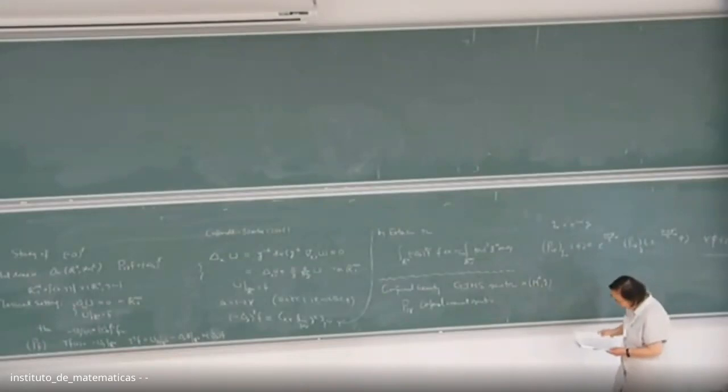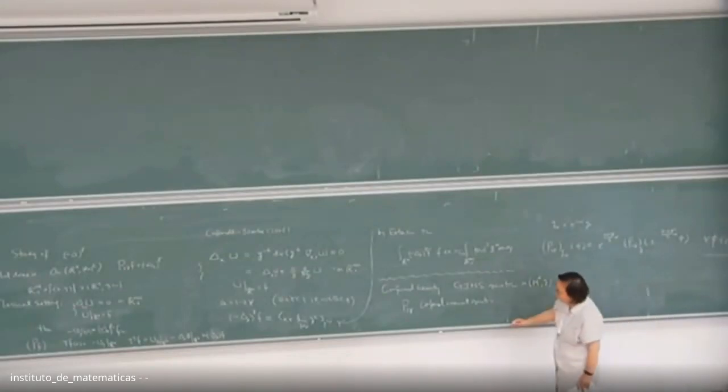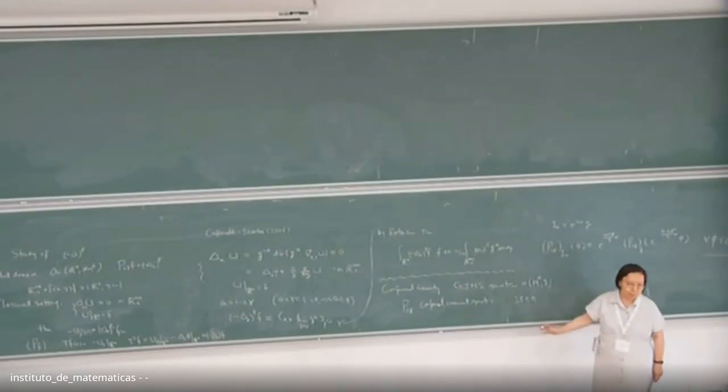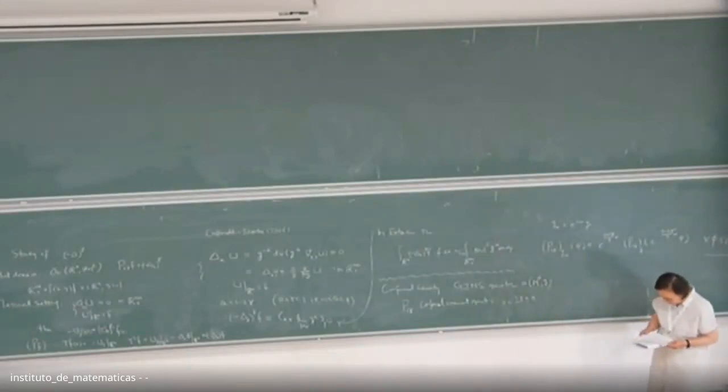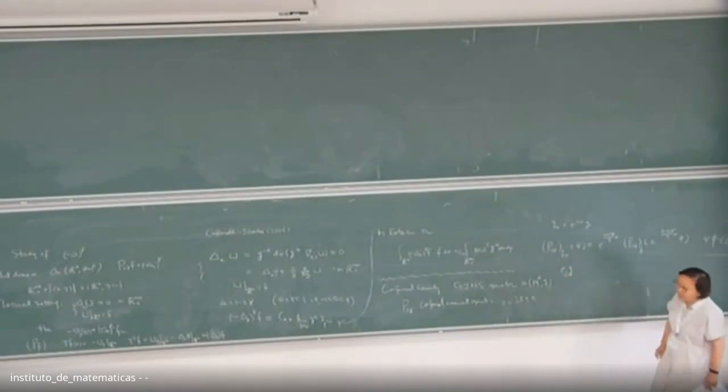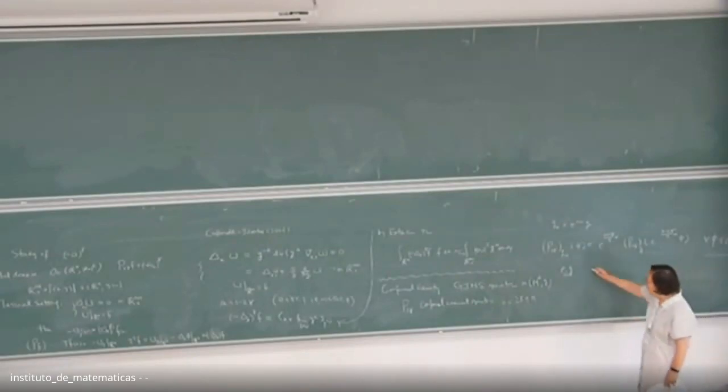This operator exists when 2 gamma is less than or equal to n, when n is odd. When n is even, it exists for all orders. So this is for 2 gamma between n and 0. For example, the case when gamma is an integer is well studied.